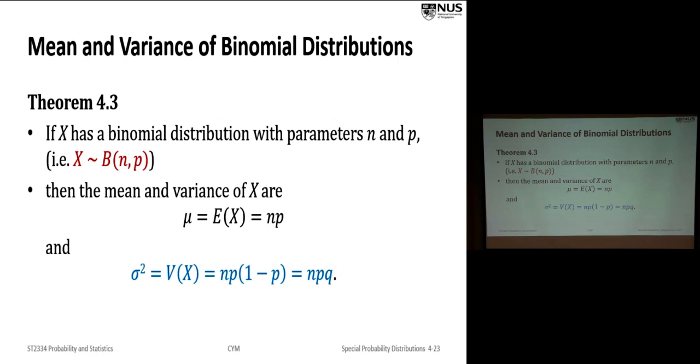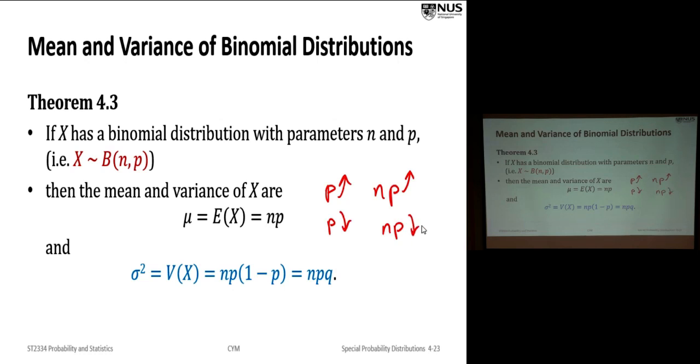So if p is large, close to 1, then we expect the number of successes to be large, because it's n times p. If p is large, then of course np is large. Similarly, if p is small, then np is small.